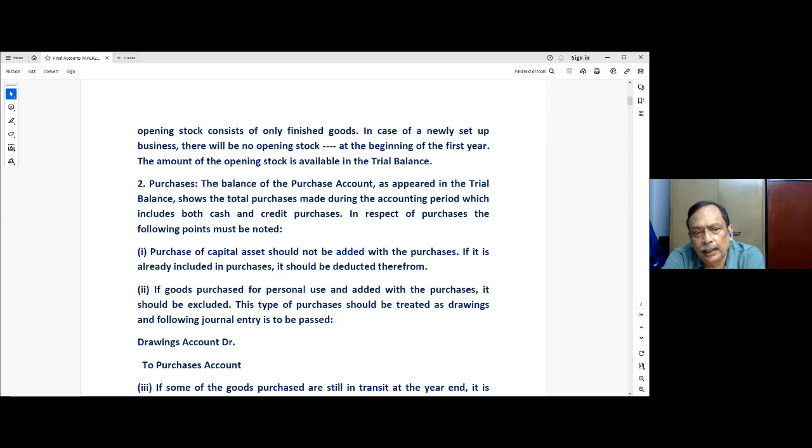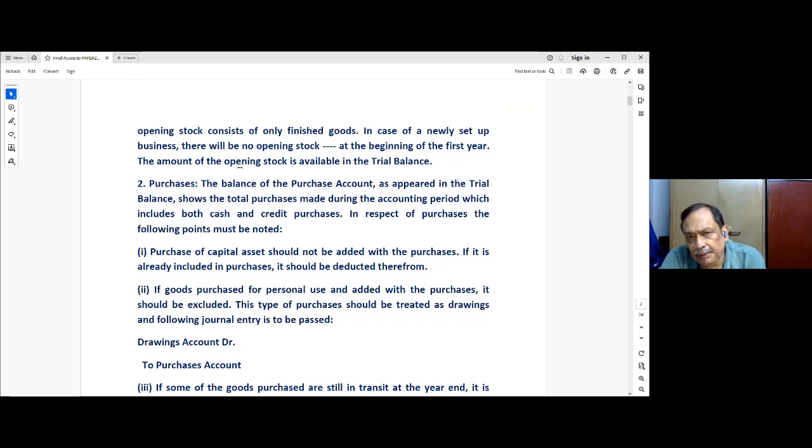Now, the next debit item, number two, is purchases. The balance of the purchase account as appeared in the trial balance shows the total purchases made during the accounting period, which includes both cash and credit purchases.